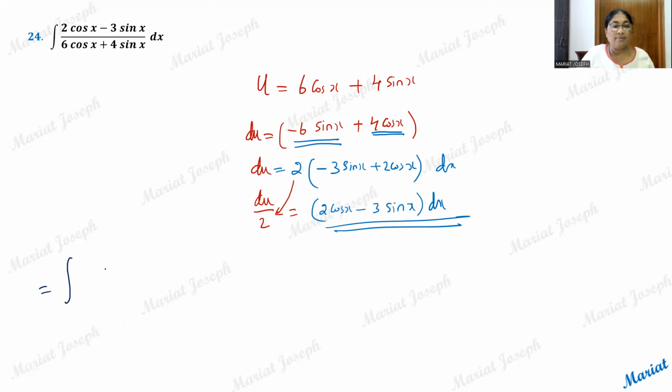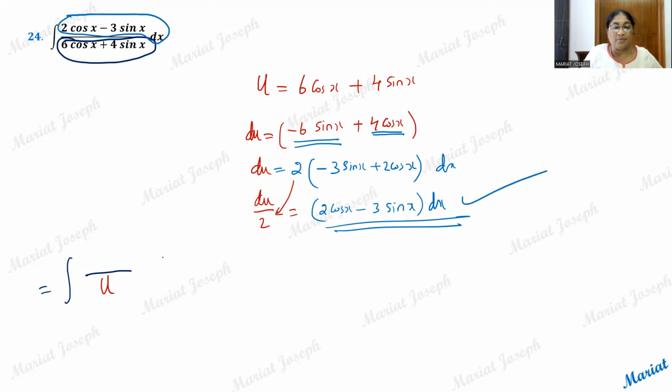Kushi, the complete thing in the denominator was taken as u. So the denominator is u, and then du upon 2. Because the numerator, that complete thing, is du upon 2. That is what you observed here.